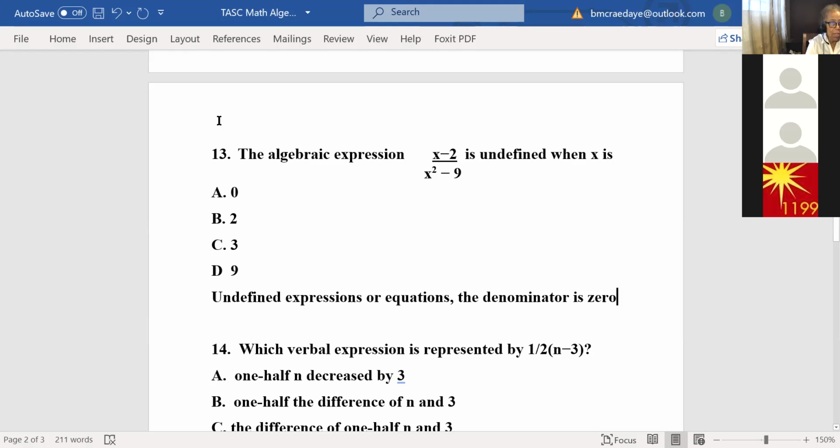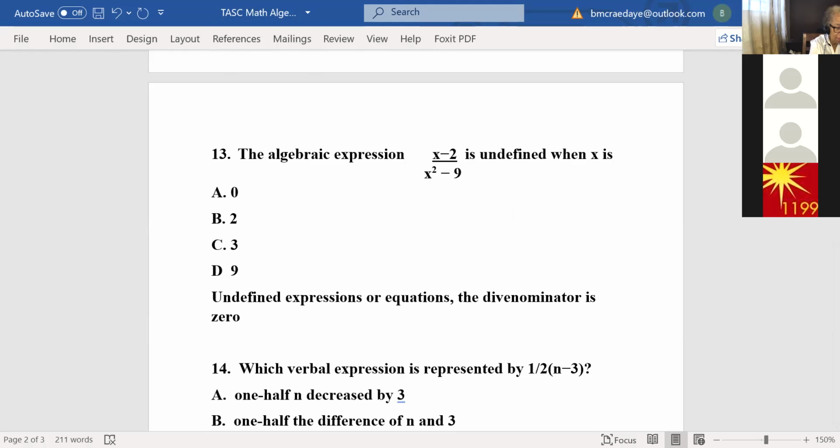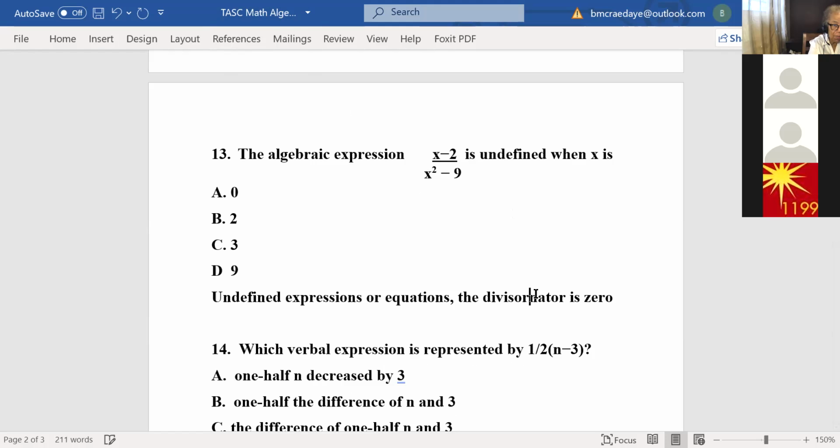So if you were looking at this one, what makes this divisor 0? Let me say divisor, D-I-V-I-S-O-R, which is the same as the denominator. Whenever you try to divide by 0 for an expression or equation, you get an undefined.